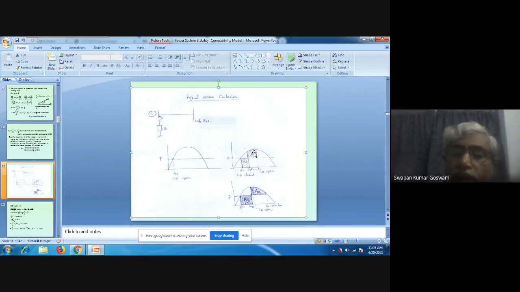Because delta was changing, output was along the power angle curve. So between the power output curve and the power input line from delta 1 to delta 2, this is again a representation of another energy, again in megawatt radian, not in megawatt second.